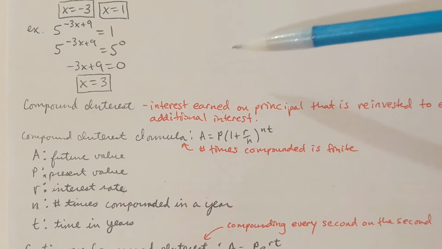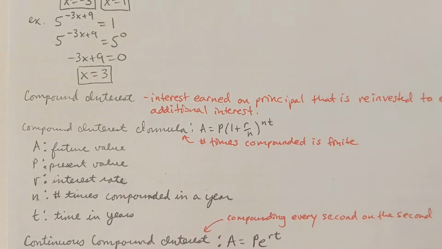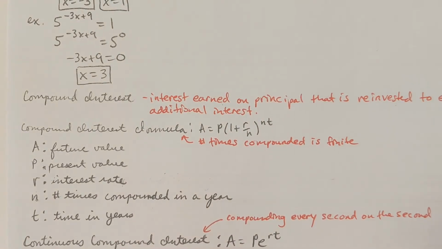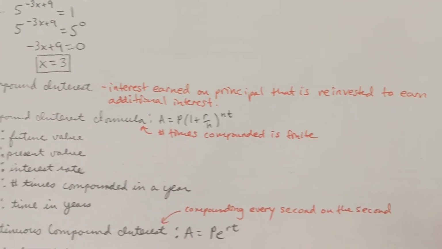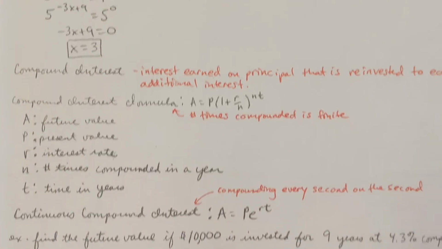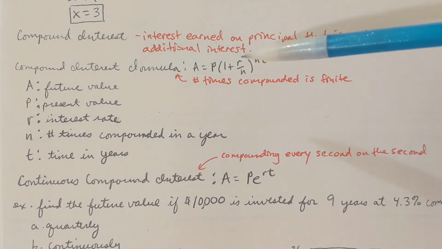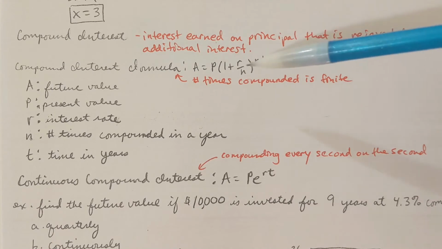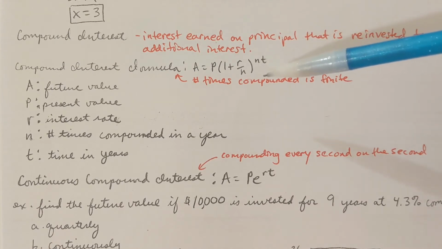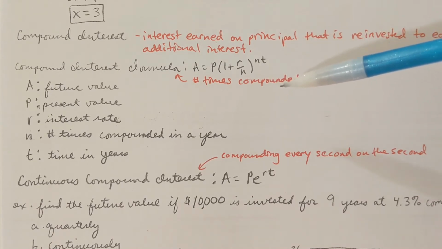Another thing is compound interest. It is interest earned on principal that is reinvested to earn additional interest. Okay, so it's money that you've made in interest that you're going to let sit there in the bank, and you're going to gain additional interest on the interest. The compound interest formula, A is equal to P times 1 plus r over n to the nt power.